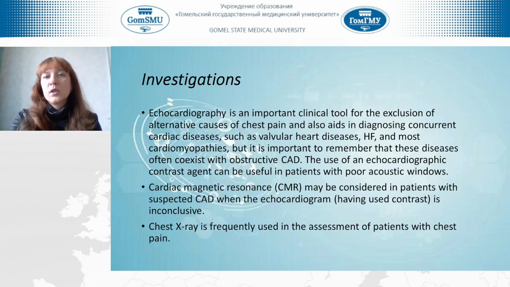Echocardiography is an important clinical tool for the exclusion of alternative causes of chest pain and as an aid to diagnosis of concurrent cardiac disease such as valvular heart disease, heart failure, and most cardiomyopathies.